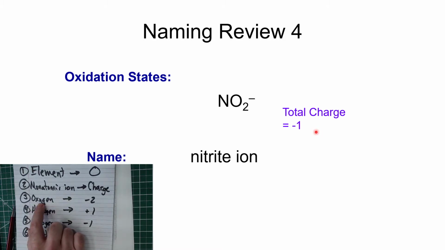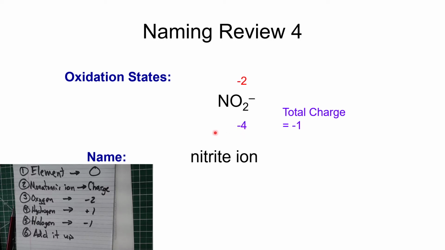Is oxygen present? Well, yes, oxygen's present. So finally, if you get down to this rule and oxygen's present, it's probably -2. Now, I'm sure there's some exceptions to that, but it's probably going to be -2. So up here, we'll put -2 above the oxygen. We'll multiply -2 times 2, and of course, that gives us -4.